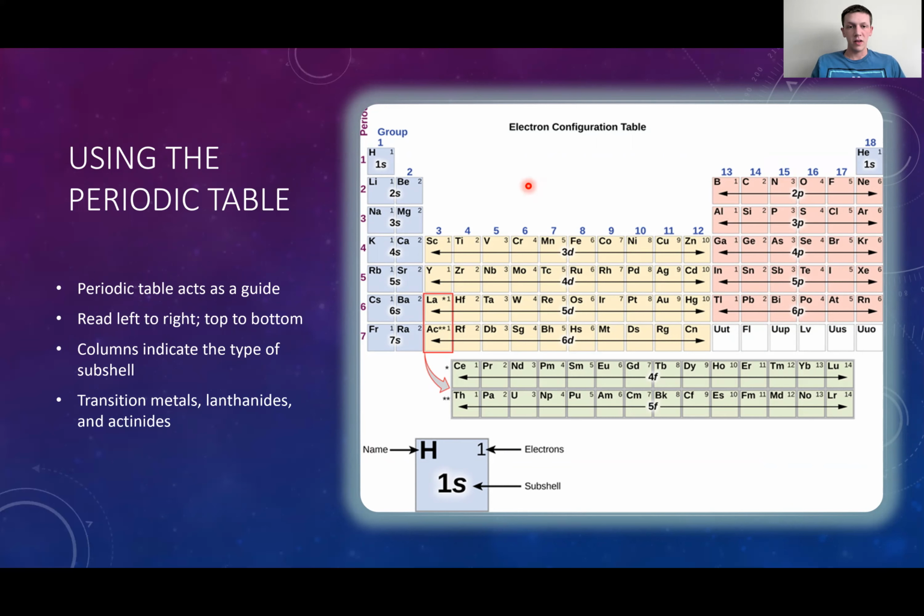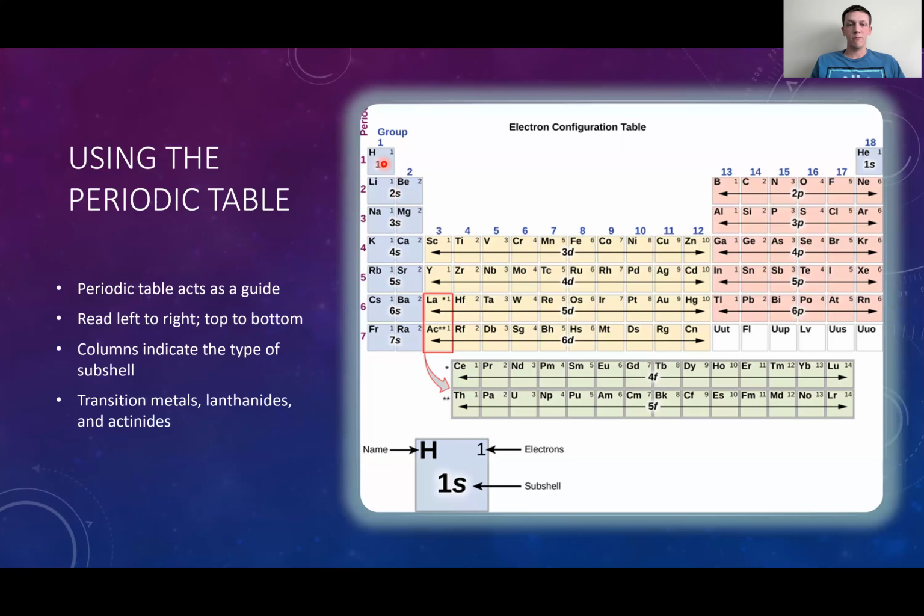The columns, or the groups, are also helpful in knowing what the subshells are. In these first two groups, we have the s orbitals. Then over here, you have the p, in the middle where the transition metals are the d, and in the lanthanides and actinides, you have the f.